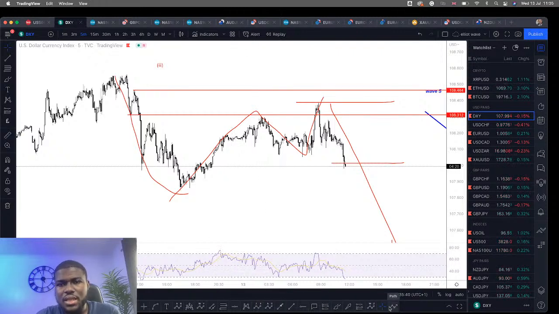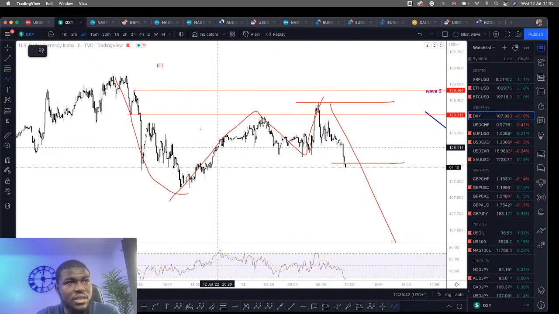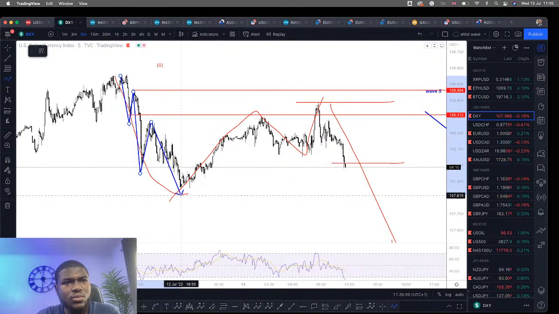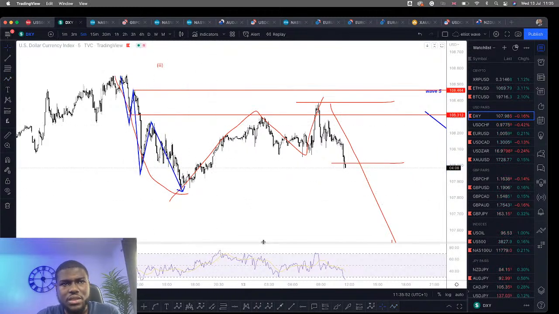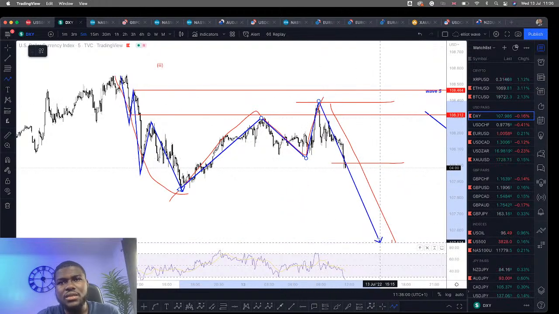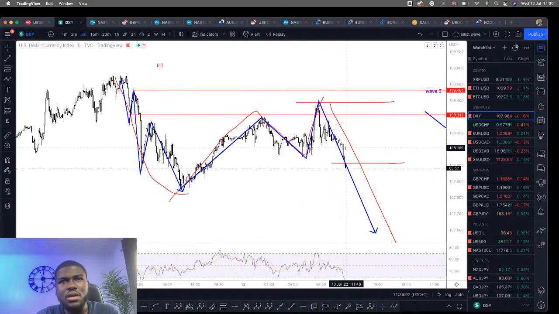This looks like a 5 wave. It's an impulse starting from this high. This is wave 1, correction wave 2, this is wave 3, this is wave 4, and this is wave 5 completed, followed by an ABC correction. This is A, this is B, and this is C, followed by another impulse. That is the ideal thing to happen.